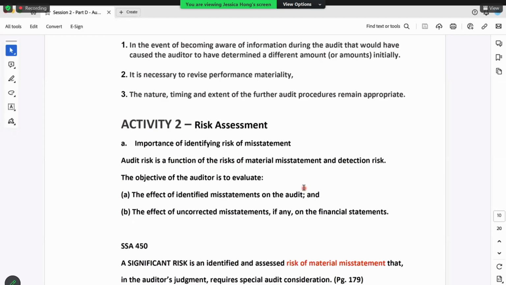Okay, and we must understand that there is a chance there could be a risk that we are not able to detect some of these material misstatements. So that is why during the audit, the auditor needs to evaluate the transactions and balances using audit procedures so that they are able to discover whether there is any material misstatement.